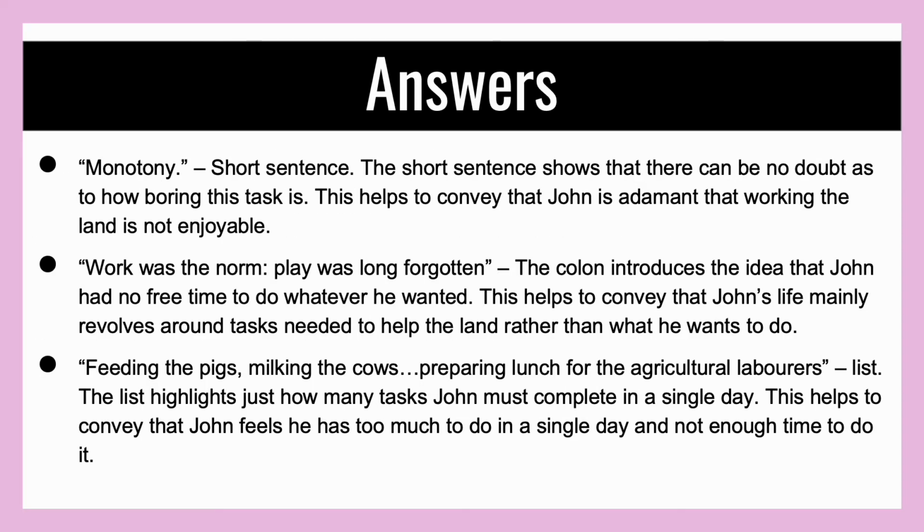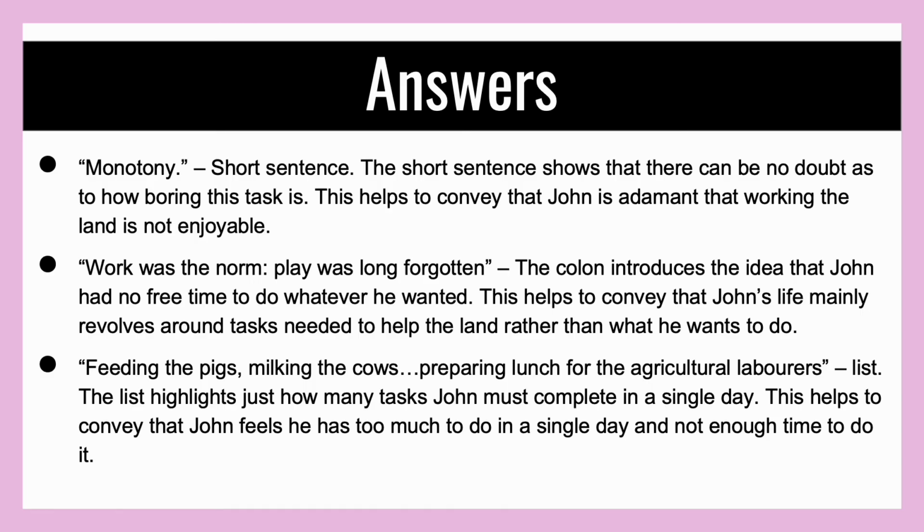So this question has a lot of potential answers, so I'm just going to read through them quite quickly. Monotony. Short sentence. The short sentence shows that there can be no doubt as to how boring this task is. This helps to convey that John is adamant that working the land is not enjoyable. Work was the norm, colon, play was long forgotten. The colon introduces the idea that John had no free time to do whatever he wanted.